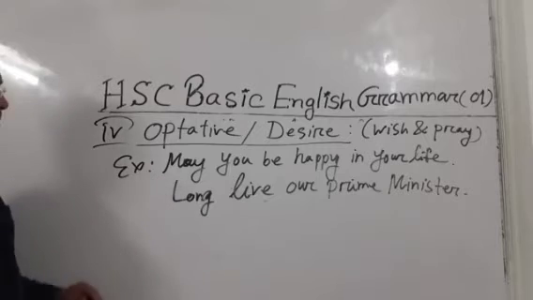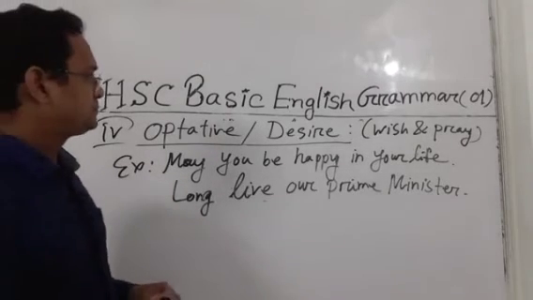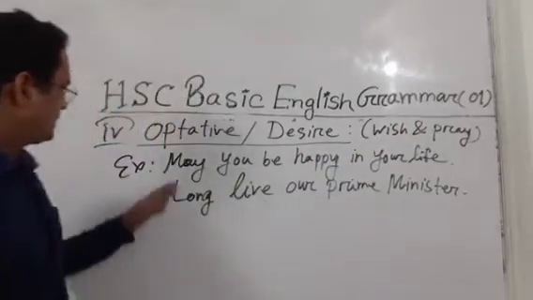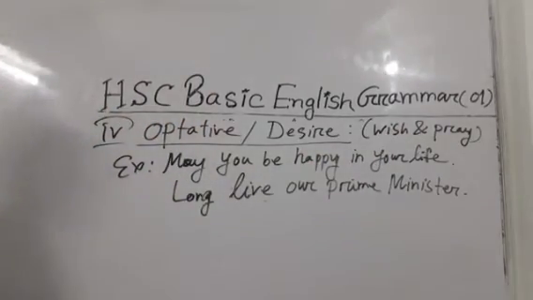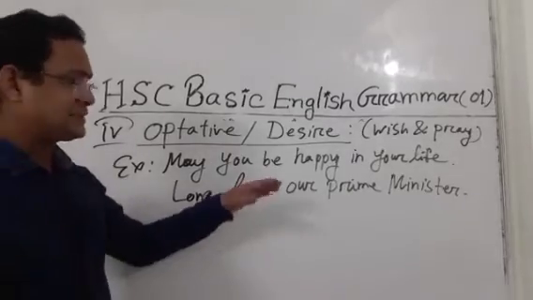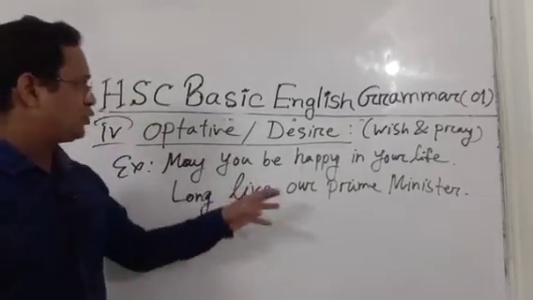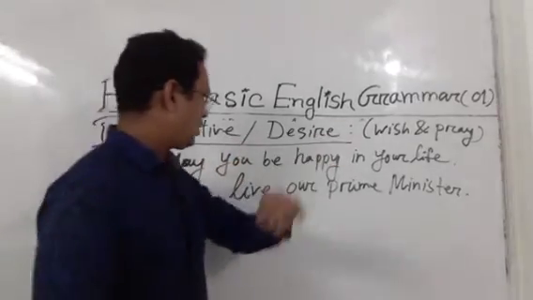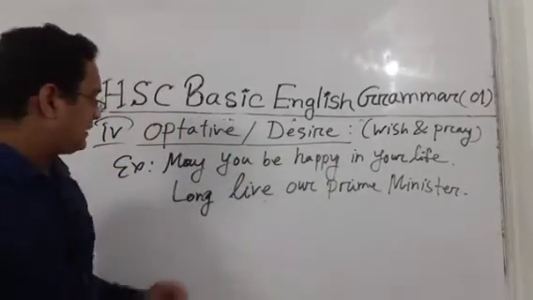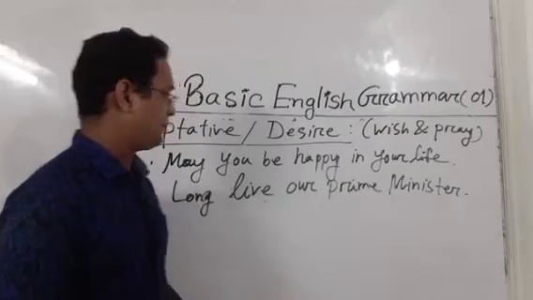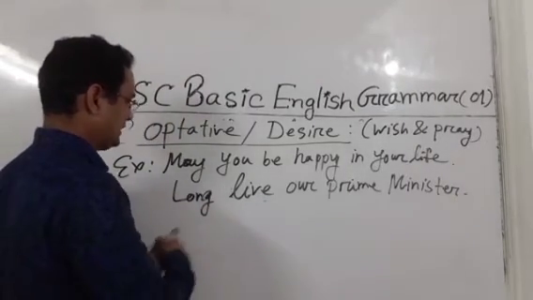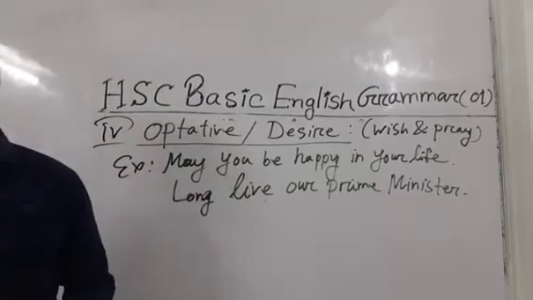These two sentences show the sense of wish and pray. May you be happy in life, so that someone tells you or wishes you or prays for you that you might live a happy life, and long live our Prime Minister. That means we pray for our Prime Minister that he or she should live a long life.